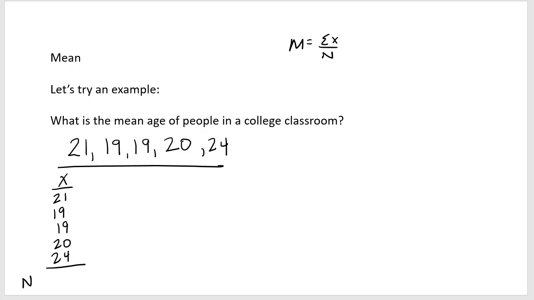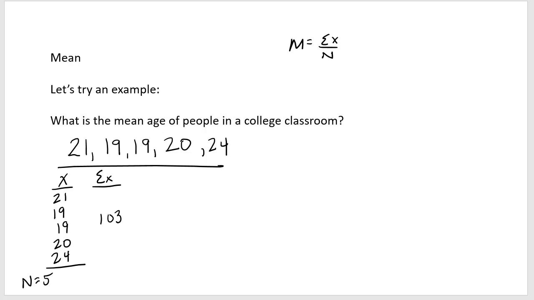And our N, by the way, is equal to 5. So let's add the scores together, building this formula. 21 plus 19 is 40, plus 19 is 59, plus 20 is 79, plus 24 is 103.